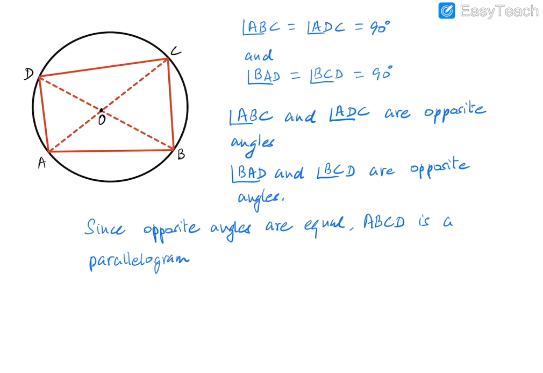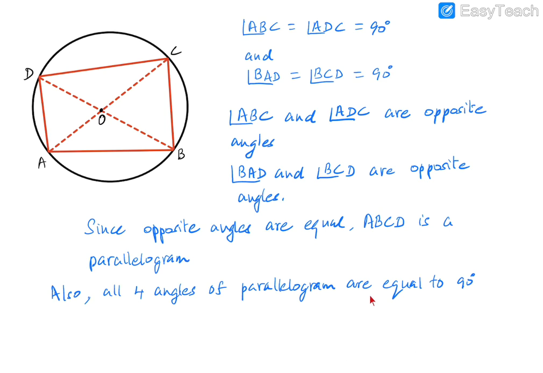Okay, and we have also shown that each of the four angles of the parallelogram ABCD is equal to 90 degrees. So angle ABC, which is this angle, and the angle ADC, which is the opposite angle here, are both 90 degrees, and similarly angle BAD and BCD are also 90 degrees.